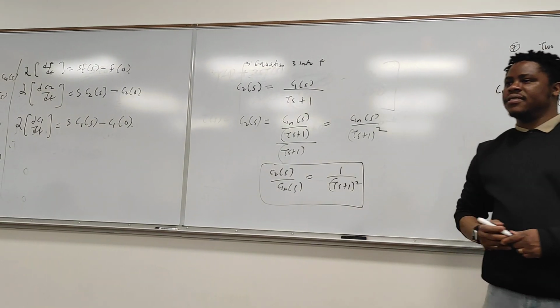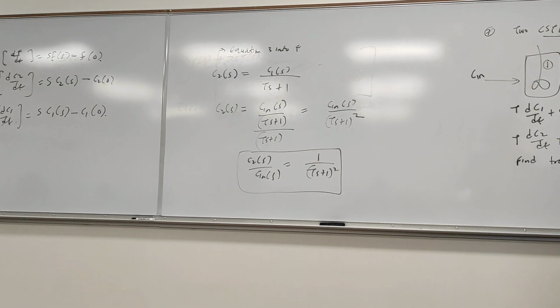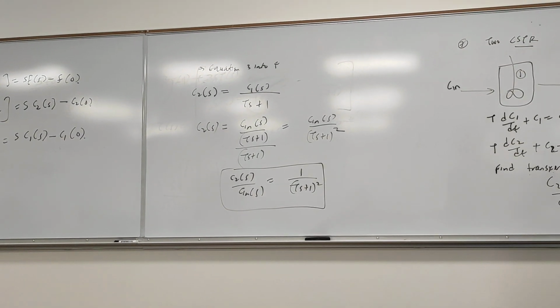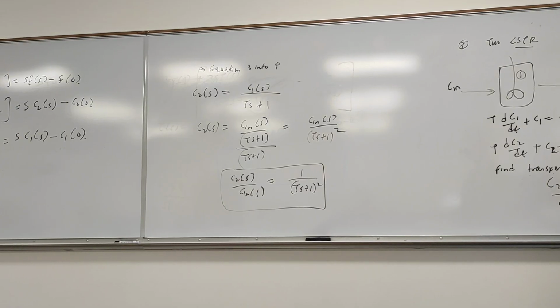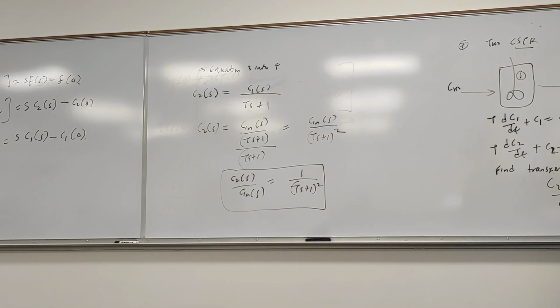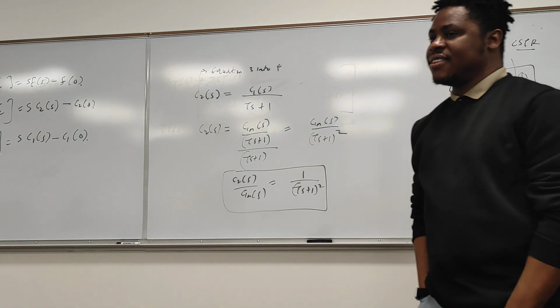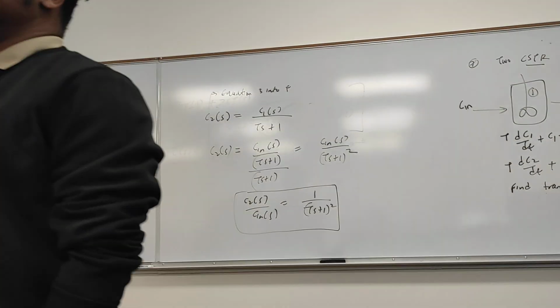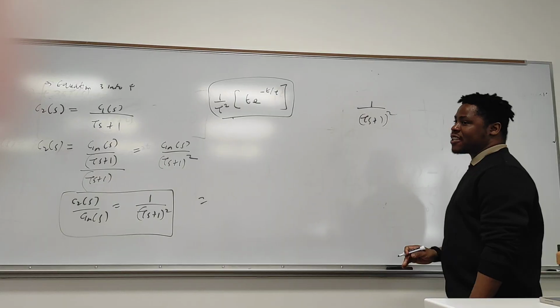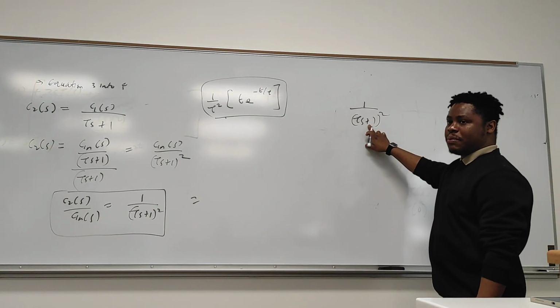Now, the difficult question here is to convert this to the time domain. I want you all to try that. This is in the Laplace domain. It's very tricky too. The Laplace table you have is for minus. If this is minus, you can.